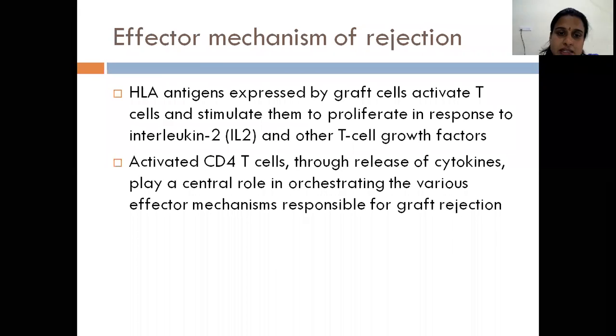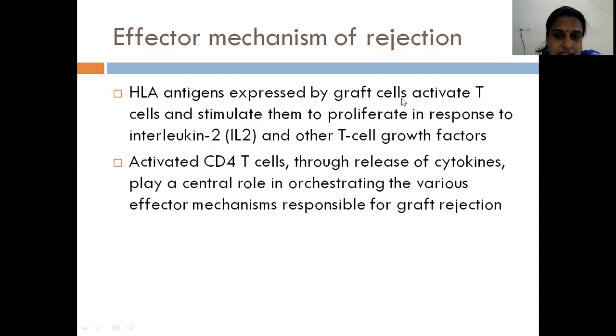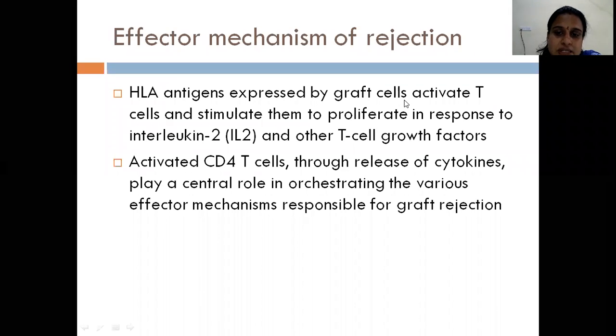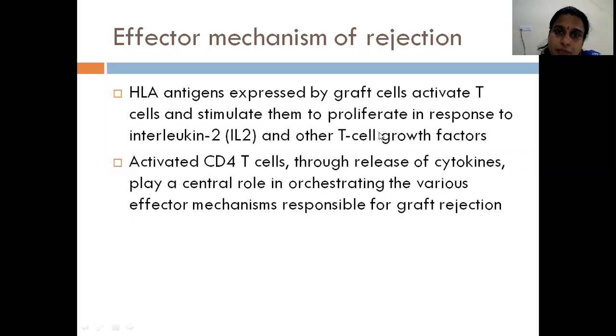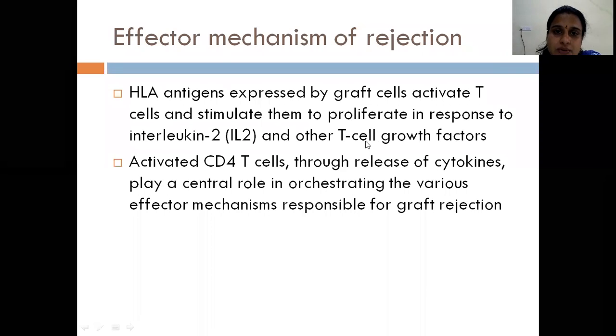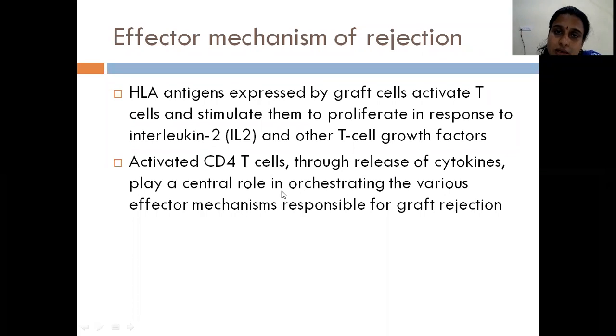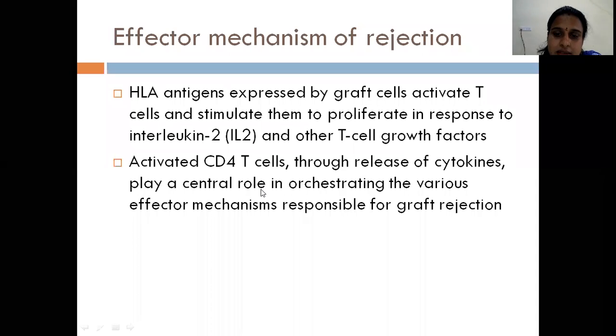So how do these HLA antigens effectively perform rejection? These antigens are expressed by the graft cells, obviously the donor graft cells. They activate the T lymphocytes and stimulate the proliferation of the T cells in response to interleukin and T cell growth factors. Now, these activated CD4 T cells release cytokines and other key mediators that play a central role in orchestrating the mechanisms of rejection.